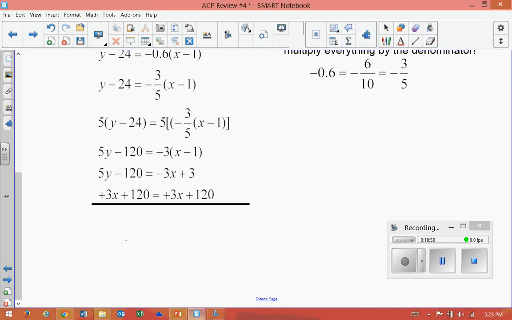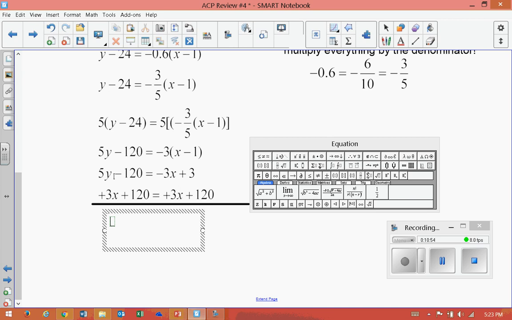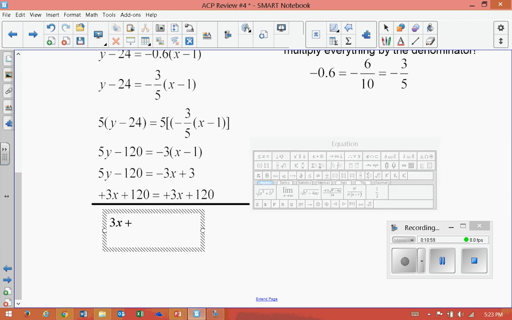So let's go ahead and finish this calculation. 3x plus 5y equals: negative 3x plus 3x, they're going to cancel out, and 3 plus 120 is 123.